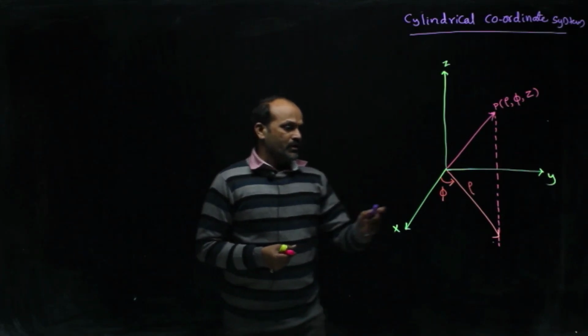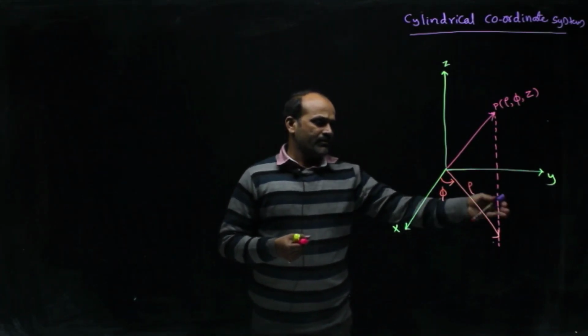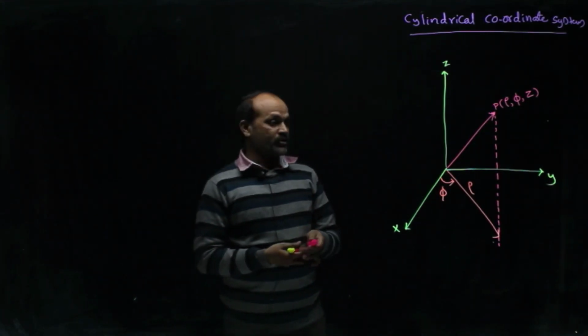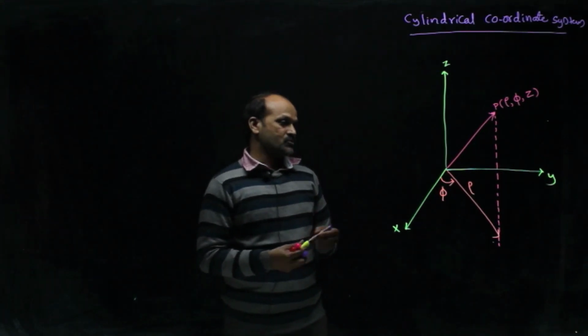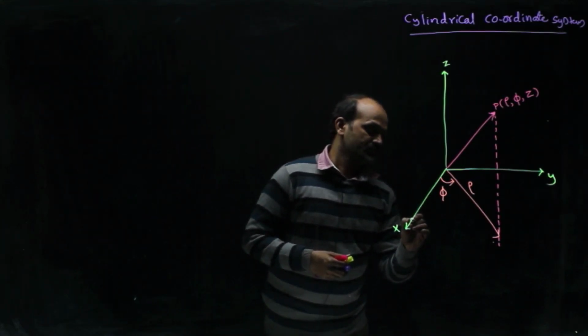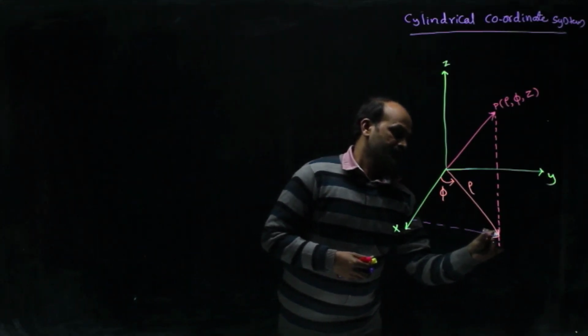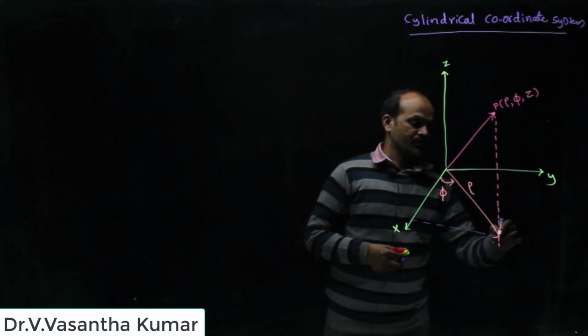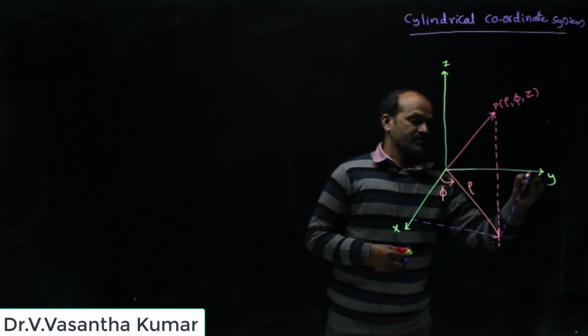And parallel to y-axis, parallel to x-axis, if you draw these things, you will get more clarity. See here, let us draw a line parallel to y-axis, right. One more line parallel to this x-axis.